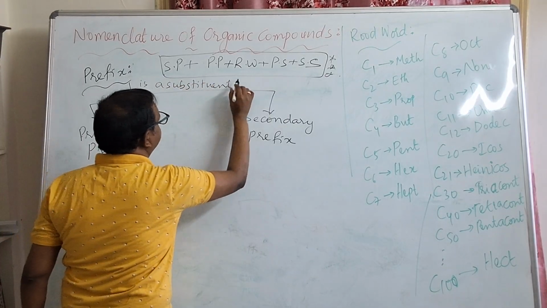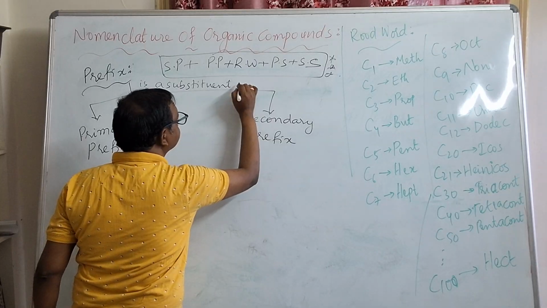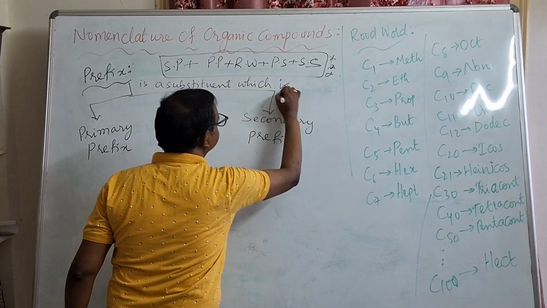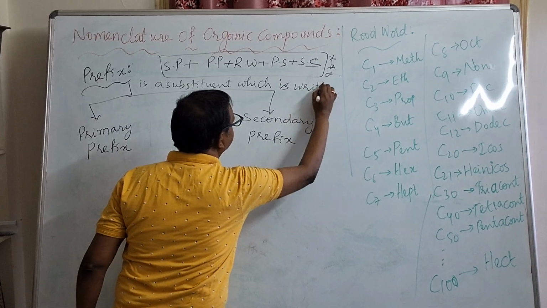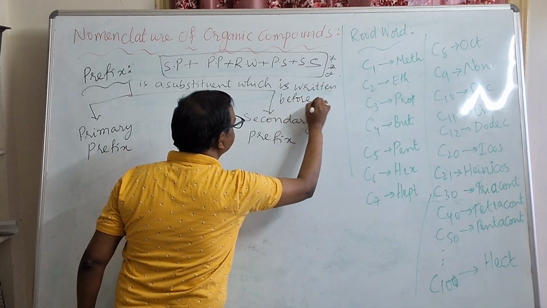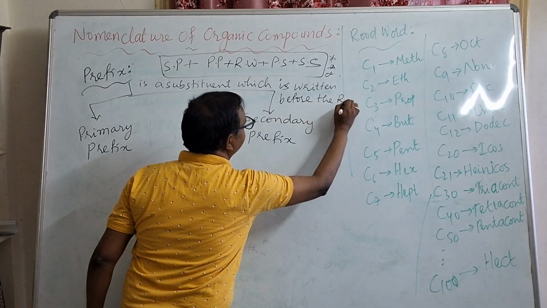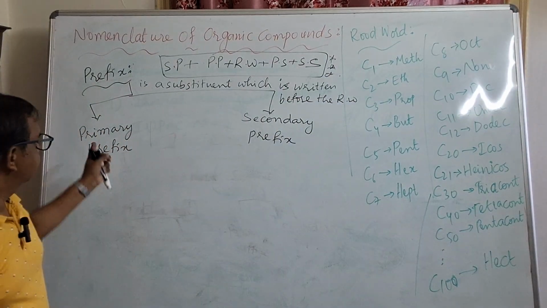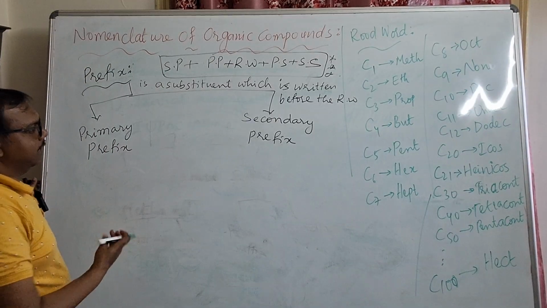which is written in a name before the root word. That is known as prefix. There are two types of prefixes: one is primary prefix, another one is secondary prefix.